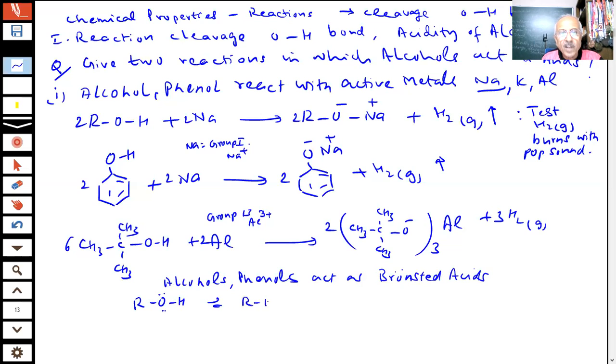You get RO minus and H plus. If this is an acid, we call this the conjugate base. This is what we talked of, Bronsted theory of acids and bases.